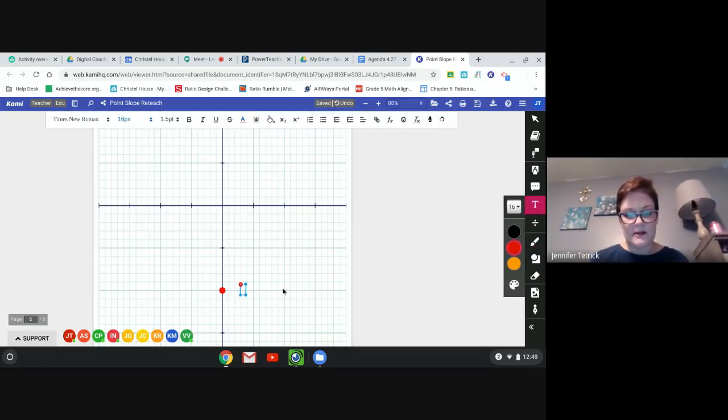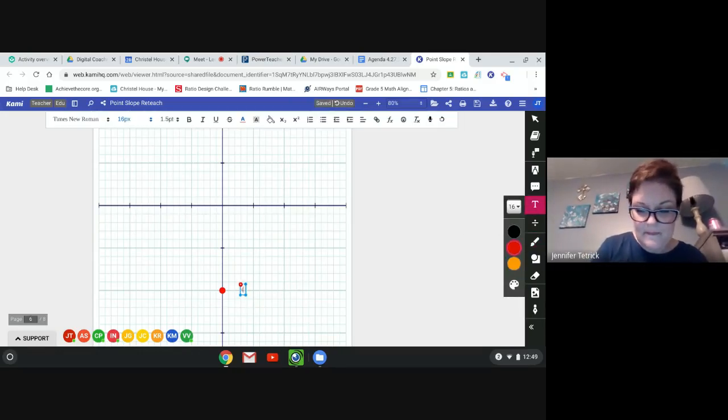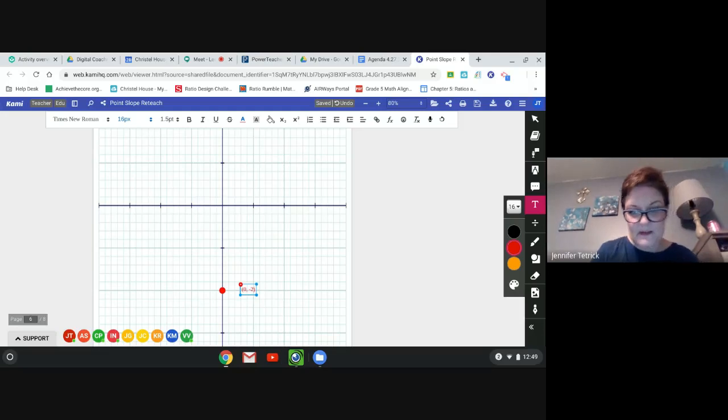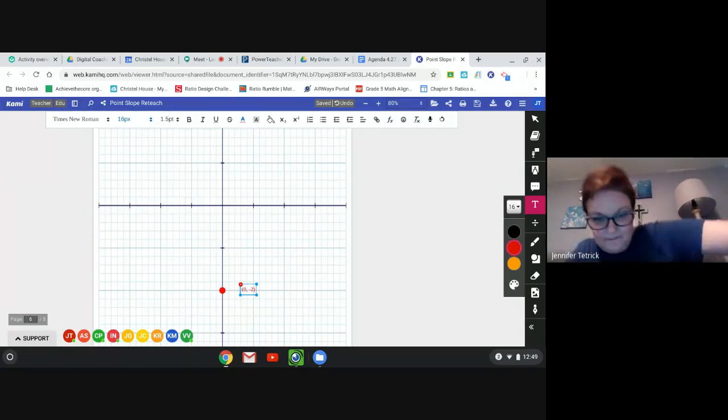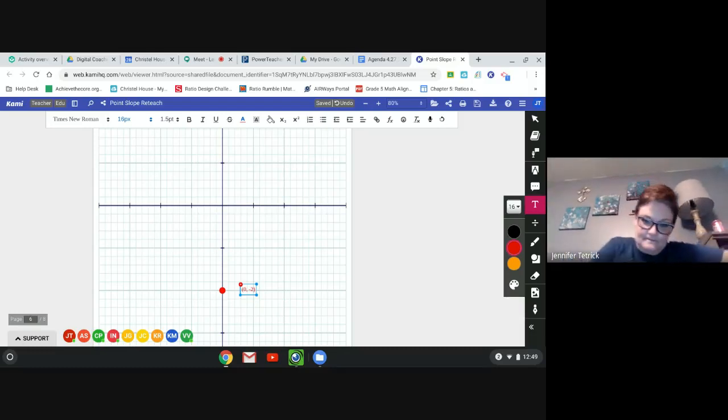Now my slope tells me to do what? Go back and look at slope and tell me what to do. Do I go down 1 and left 2? What do I do?